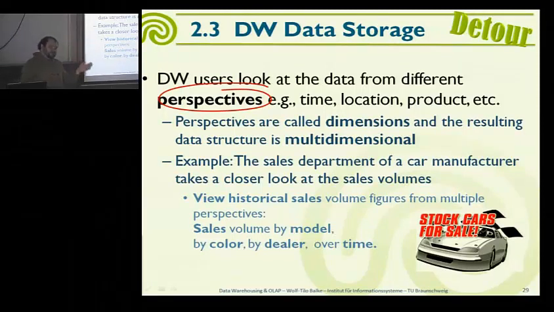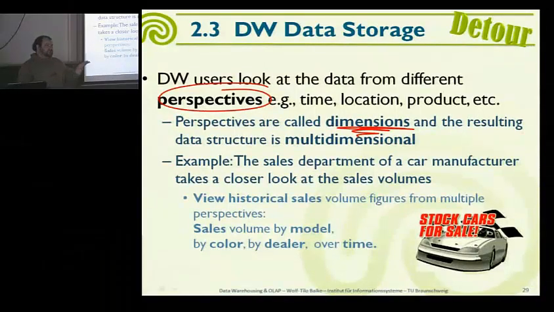They look at it from a time perspective, from a location perspective, everything that happens in a single store or something. From a product perspective, so for example, marketing for certain products, how does it sell, where does it sell good, where does it sell bad, and so on. And these perspectives are called in data warehousing dimensions, right? So it's an aspect of the data, it's a dimension of the data.